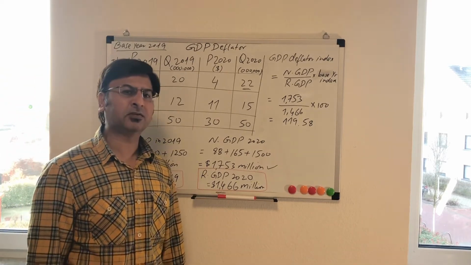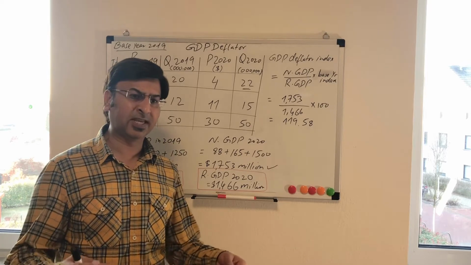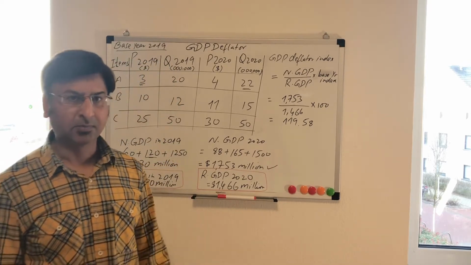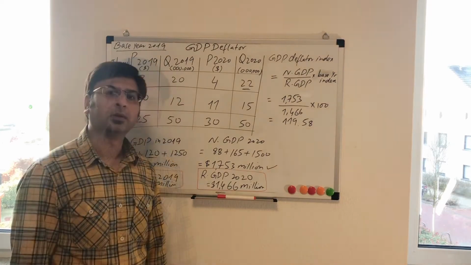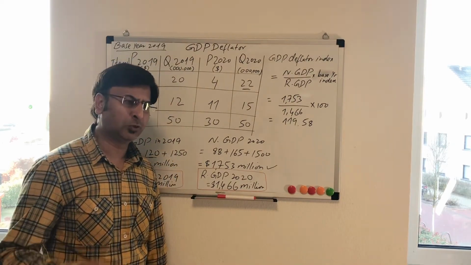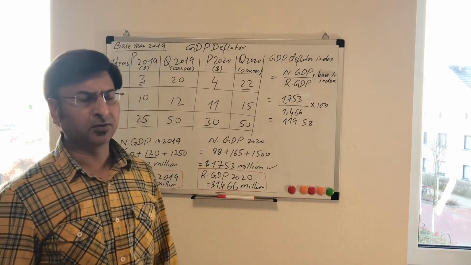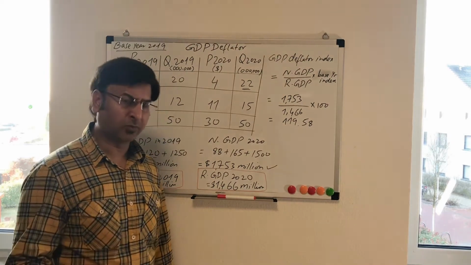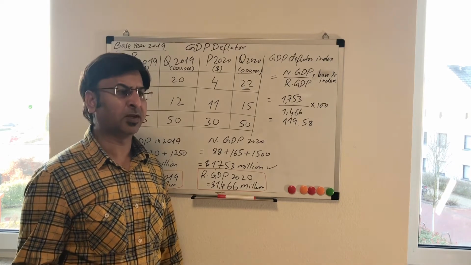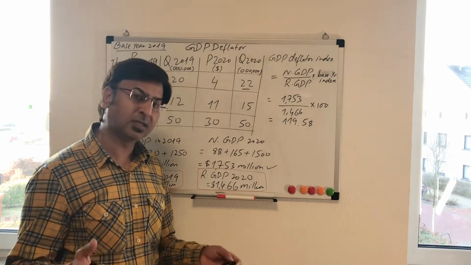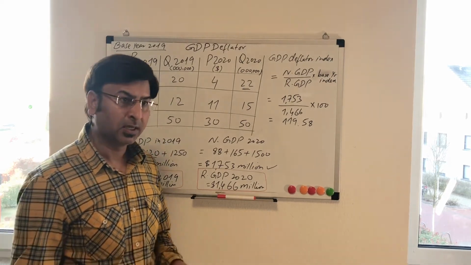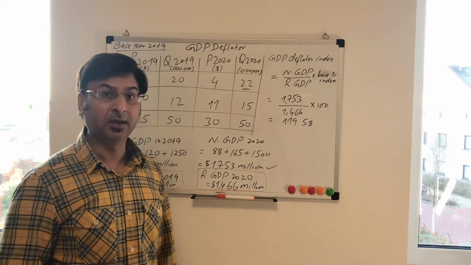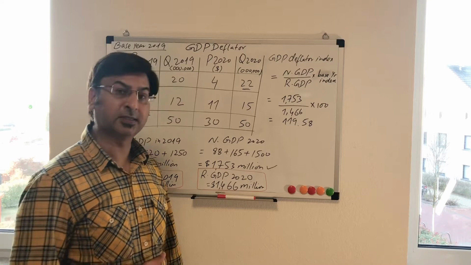GDP deflator, as the name suggests, deflates the goods and services produced in a country by considering the price changes, which means that using the GDP deflator index, we can calculate inflation rate, which helps us to find whether the rise in nominal GDP is equal, greater or less than the inflation index.